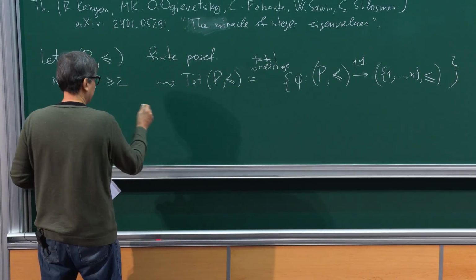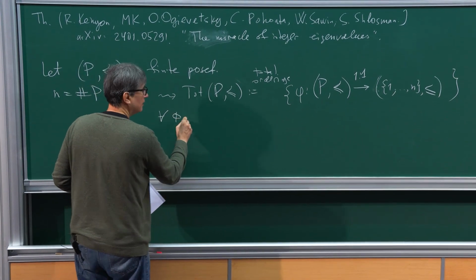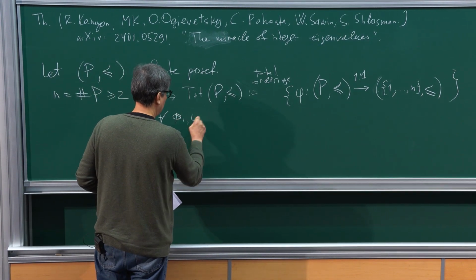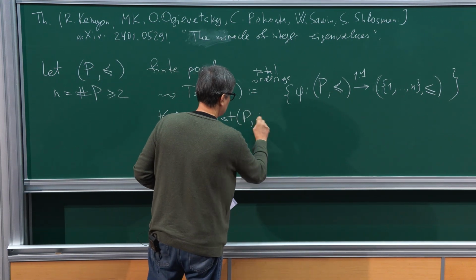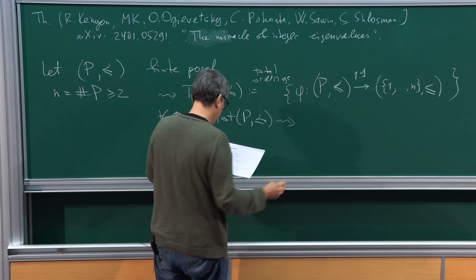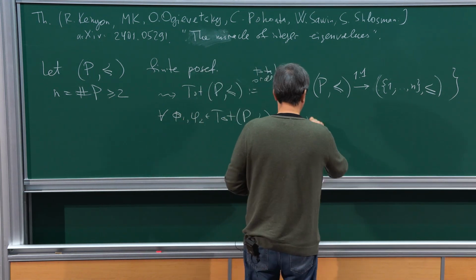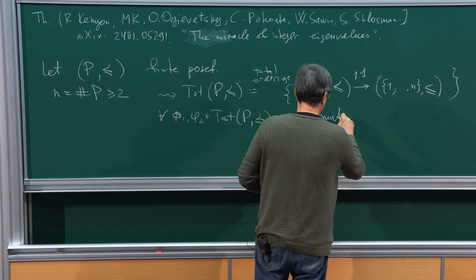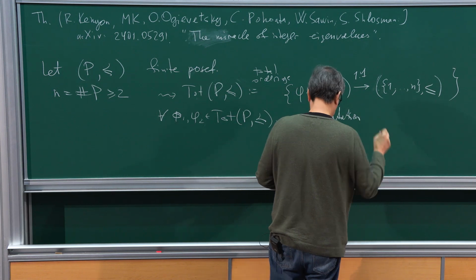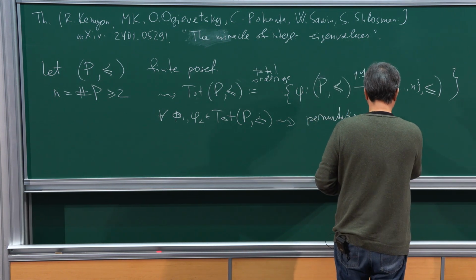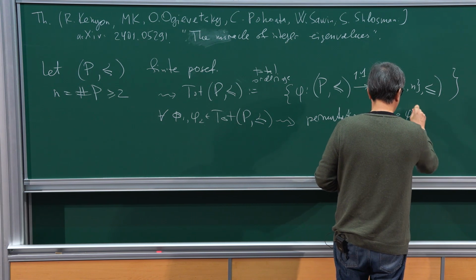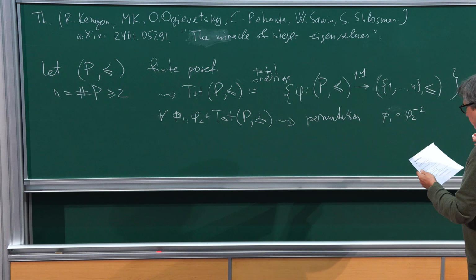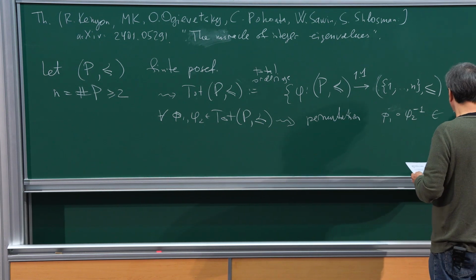Then for any two orderings, we associate a permutation, which is in the symmetric group.